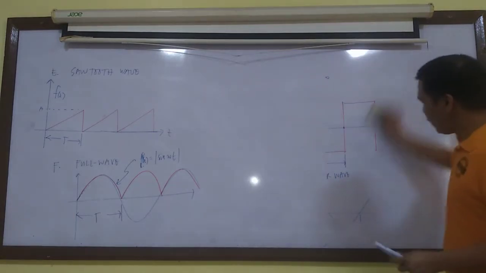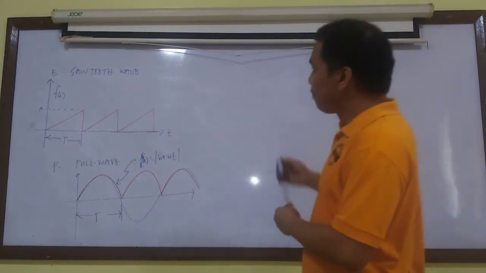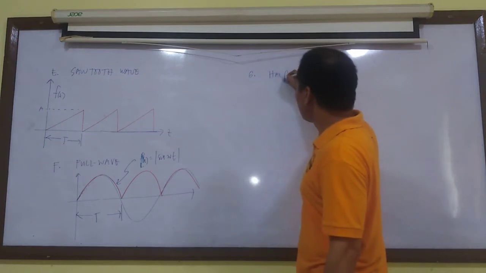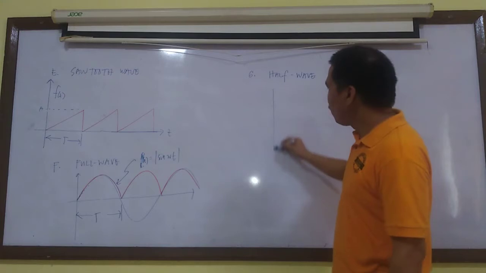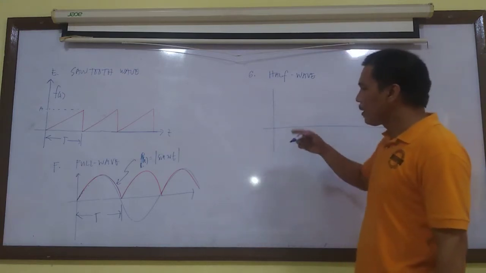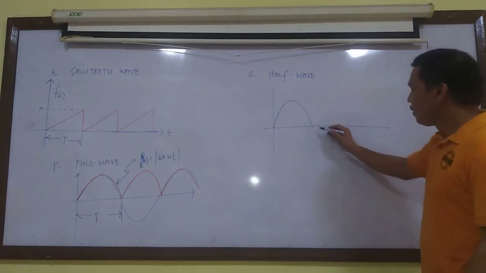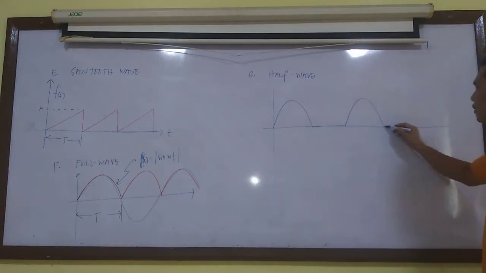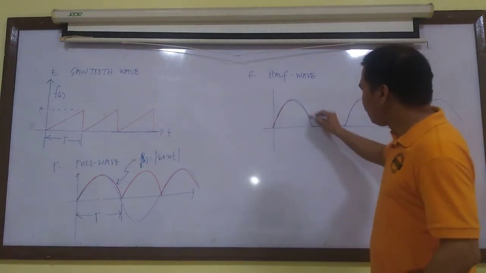Of course, now we also have letter G. Let's label this as your half wave. When you say half wave, this is actually a full wave, but half of that only. So this is your half wave. These are the peaks of your half wave.